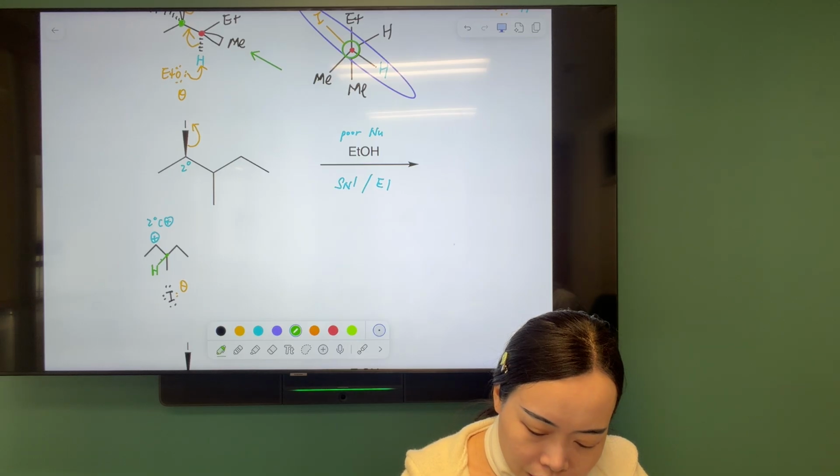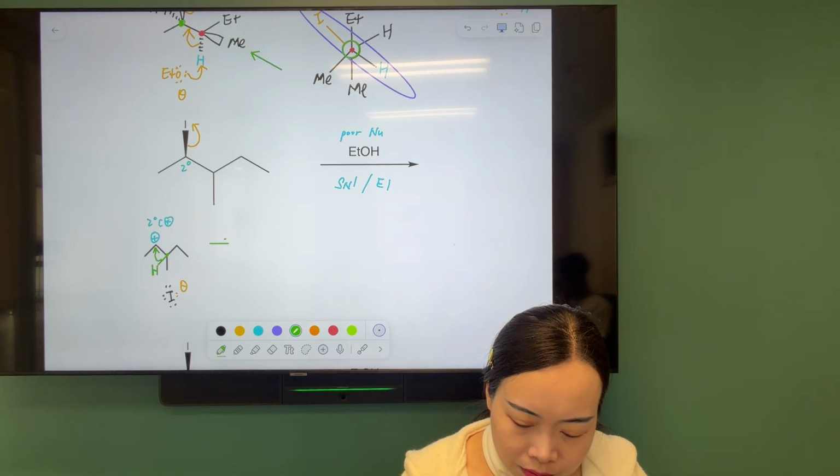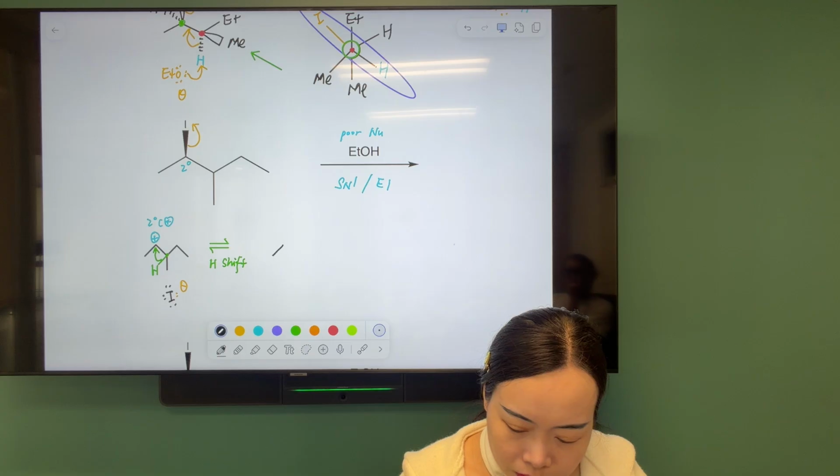Okay, now my hydrogen will do something called a hydride shift. And I'm forming a more stable carbocation.